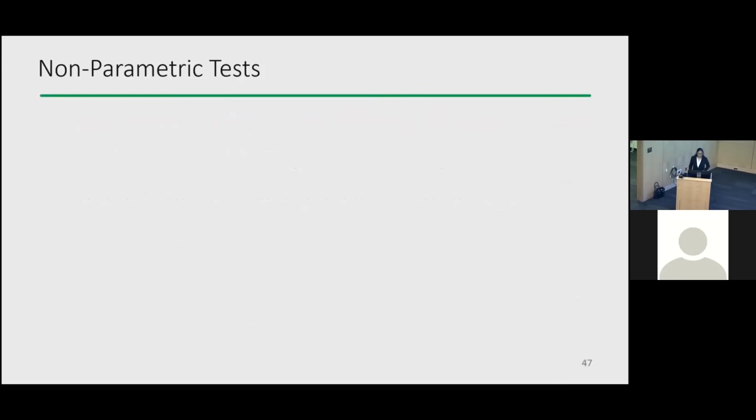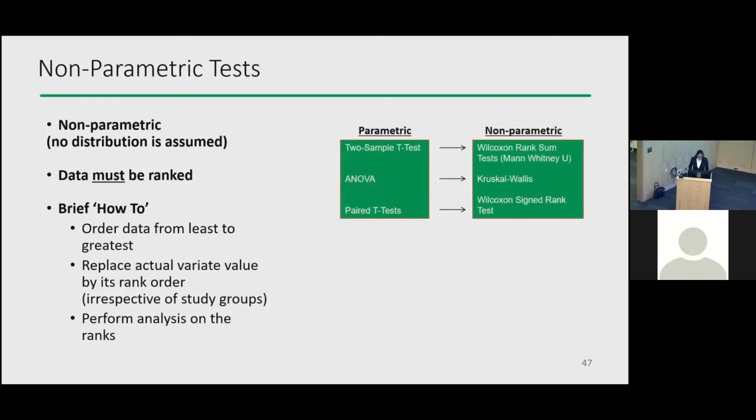All right, so coming to the non-parametric tests. Non-parametric tests that you would use for non-normal data do not assume certain distributions. Basically, in this situation, the data is ranked, and the ranking is utilized in performing the test. The infographic on the right shows the 3 non-parametric tests that we should run instead if the continuous variables are non-normally distributed.